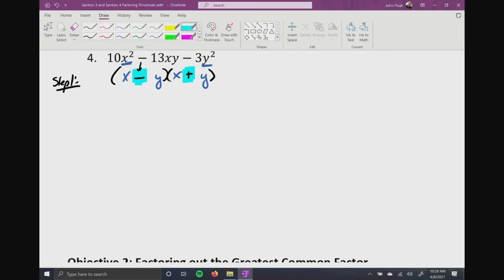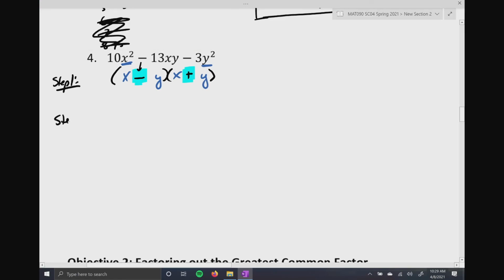All right. Step 2. A times C. 10 times 3 equals 30. So, let's write out the factors of 30. 1 times 30. 2 times 15. 3 times 10. 5 times 6. Now, here is why step 1 is so important.